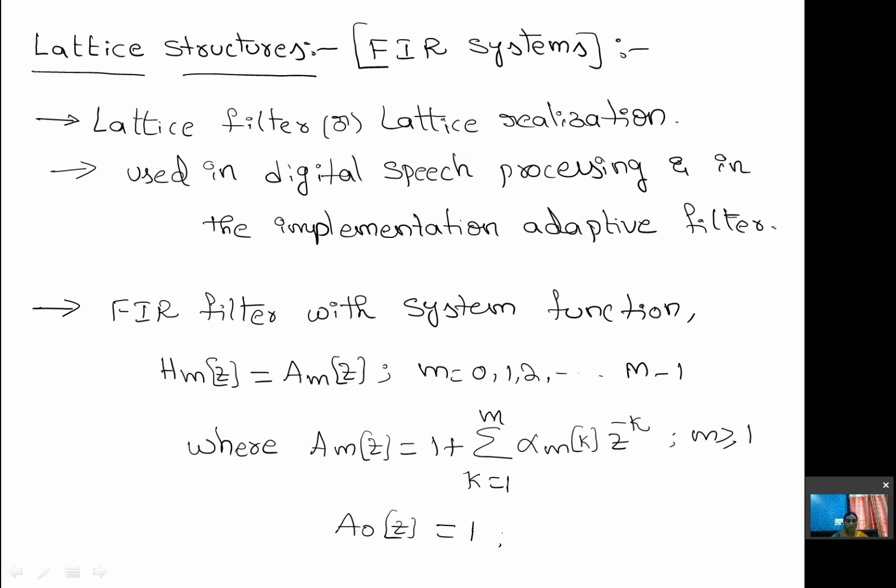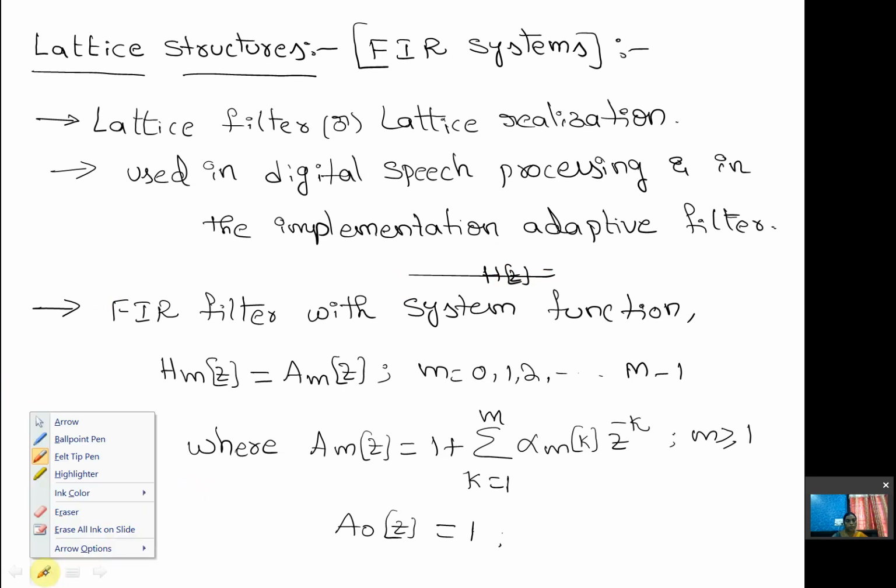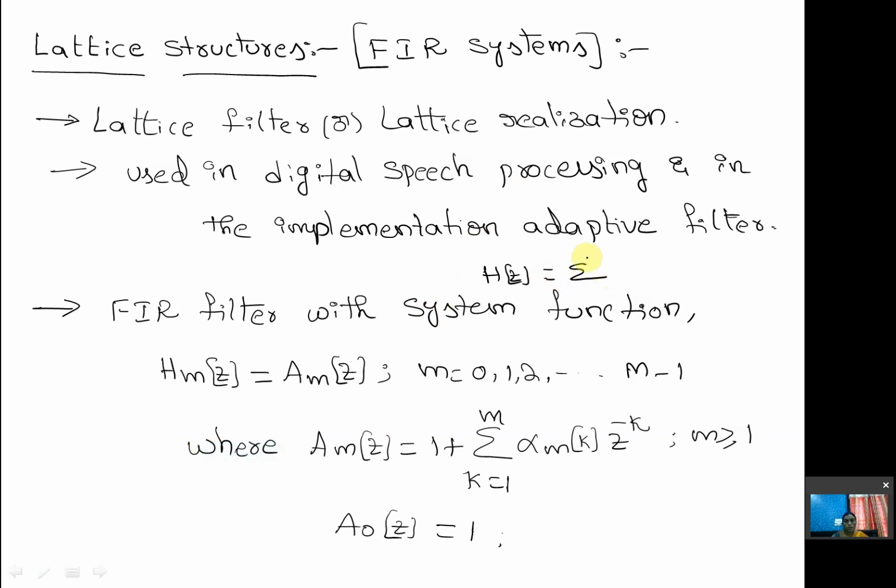An FIR filter, as you know, has H(z) in the usual form: the summation of h(n) z power minus n, where n goes from 0 to N minus 1.